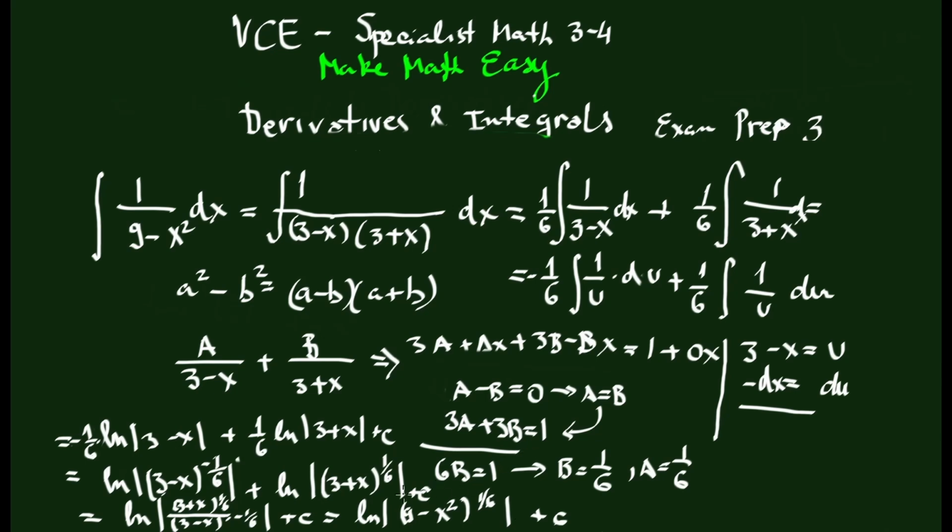So that's our solution. What we used here is the identity that a to the third times b to the third equals a times b to the third. That's what was used to get that.